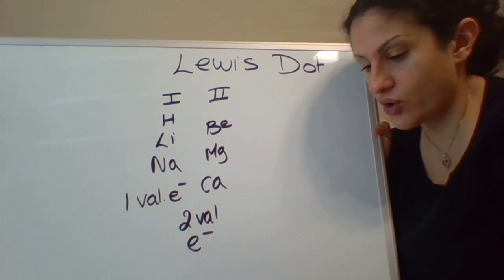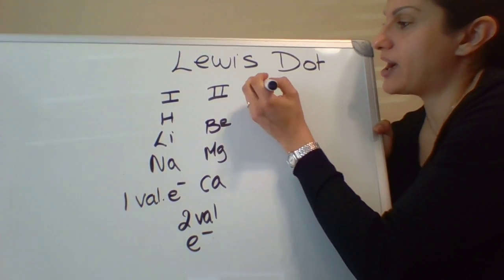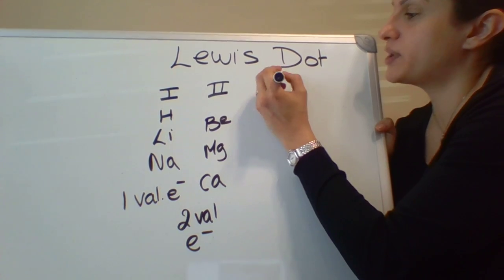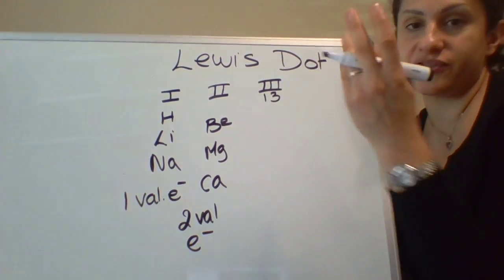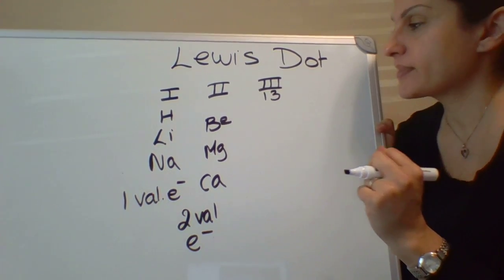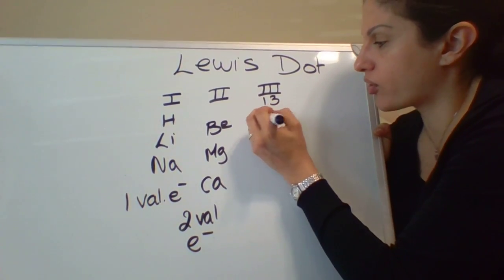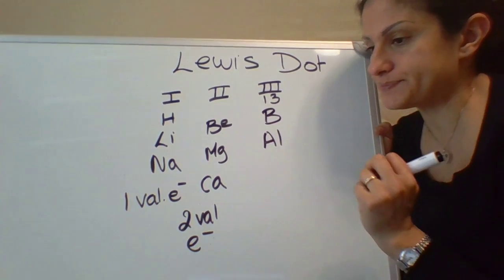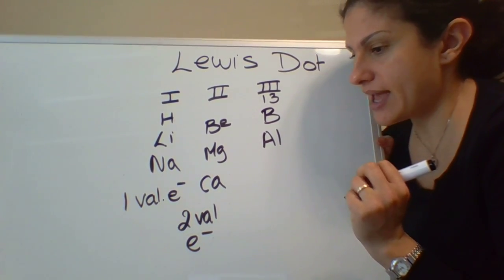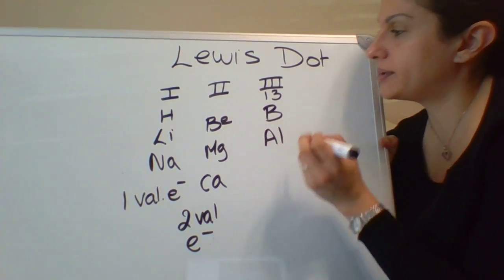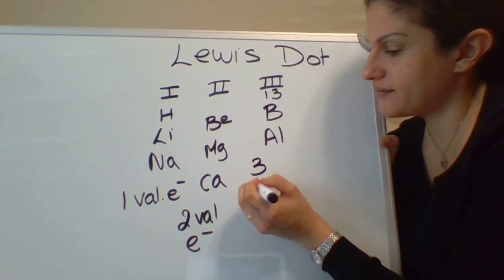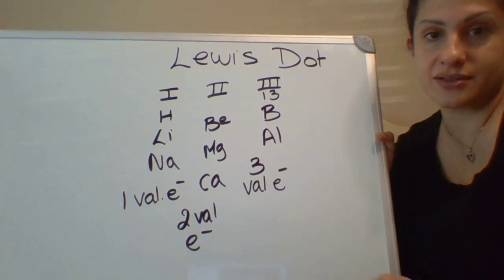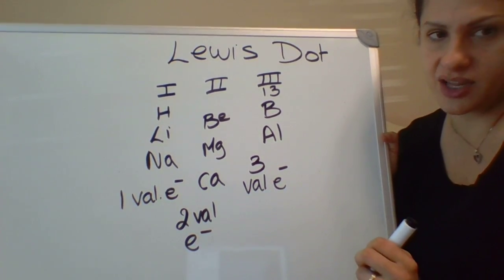If you then go to group, now some periodic tables will refer to it as group 3 or 13, so there's different ways in which it's referred to, which contains boron, aluminum, and we'll just stop at aluminum. Since it's group 3, it has 3 valence electrons. Let's see if you can catch on to the pattern.